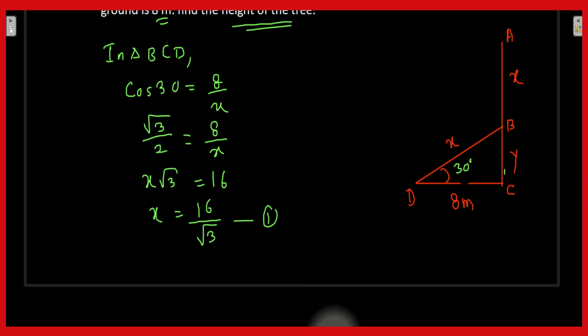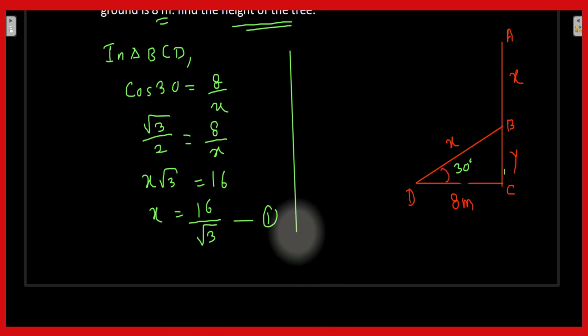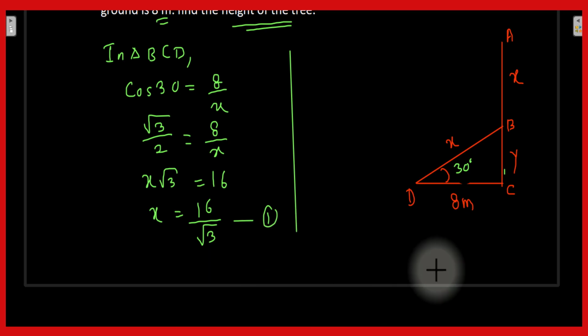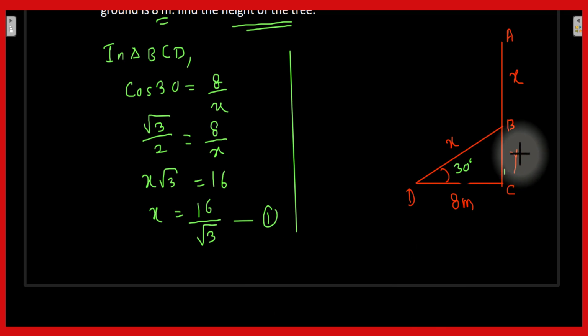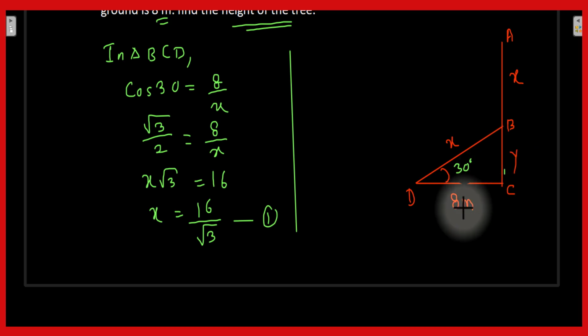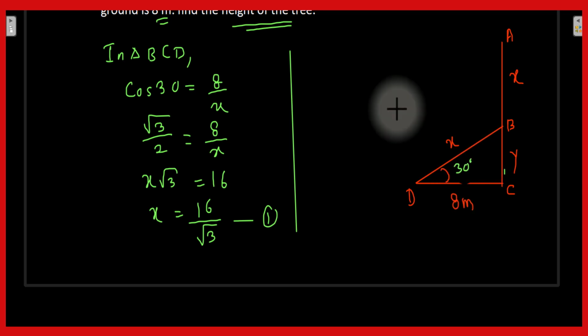Now the second part I solve on this side. I take tan 30 because we have to find Y. Y is the opposite side, and we know the adjacent side, that is 8 meters. Opposite and adjacent are related by tan theta.